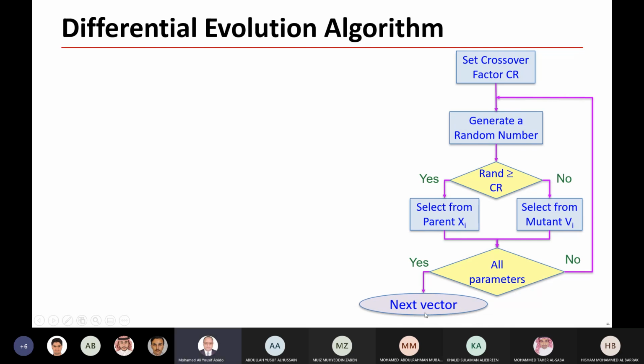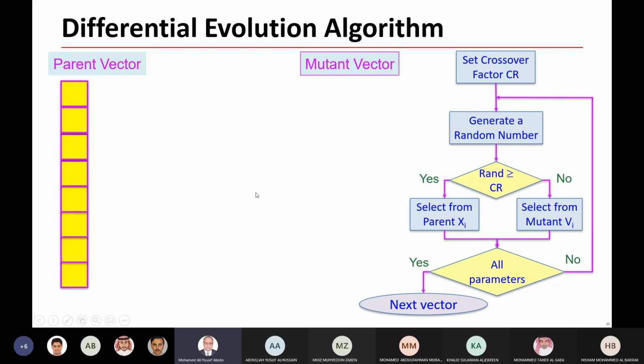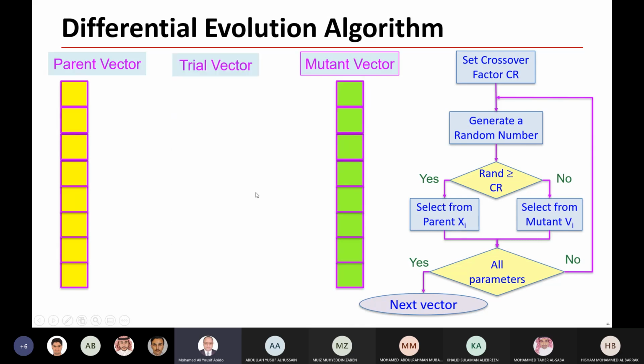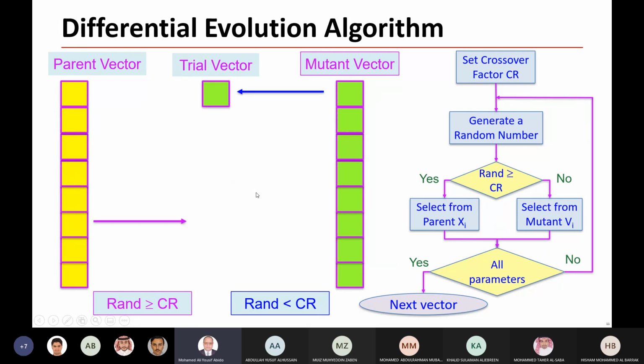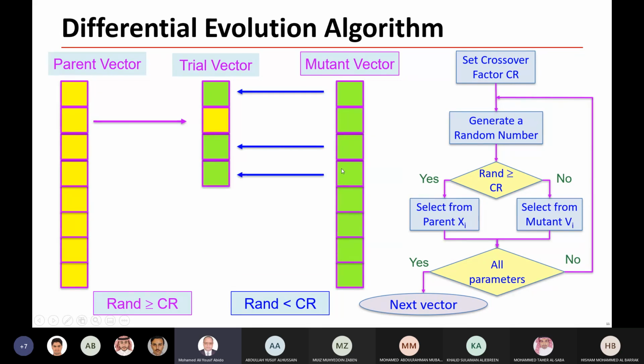And again, you start from here and continue. So this is the parent vector, this is the mutant vector Vi, and this is the trial vector that we need to create. Depending on the random number and the crossover factor, you can pick the gene from the mutant vector or from the parent.